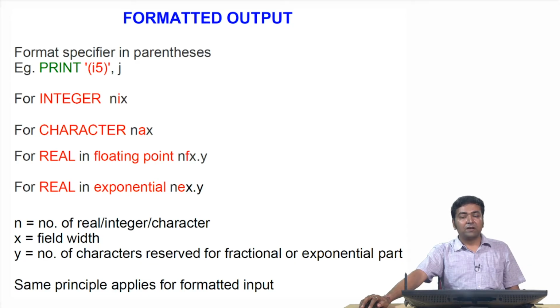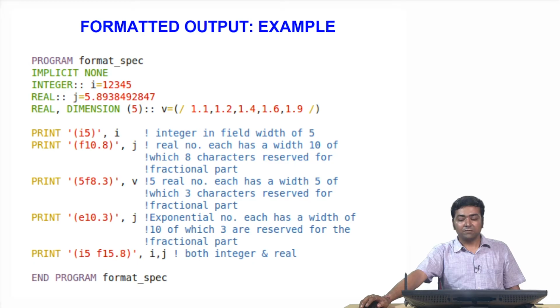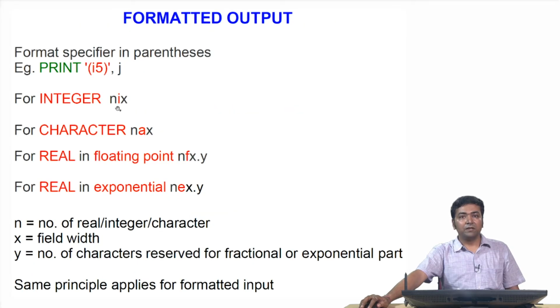The second one, I, tells me that the numbers which I am going to write on the screen are all integers, and then the x tells me the field width the compiler or the program will use to print one such number. Similarly, the format is the same for everything; what will change as we go from integer to character is that instead of I here I use a.